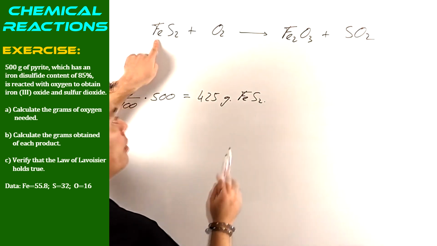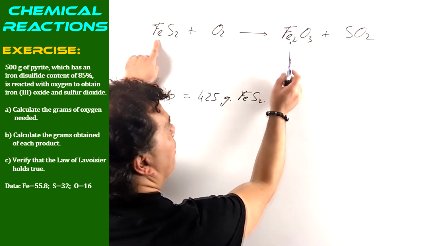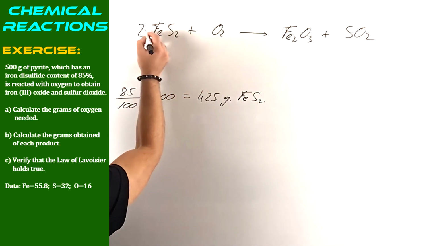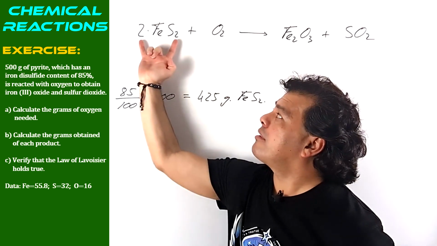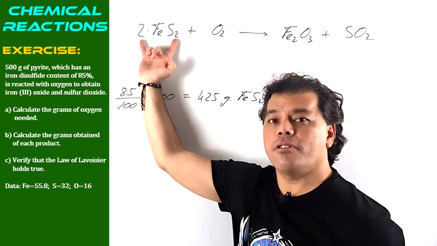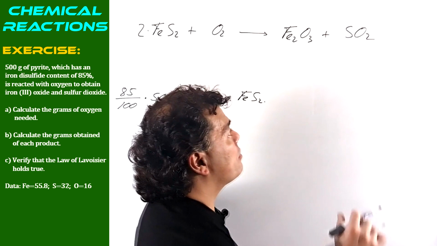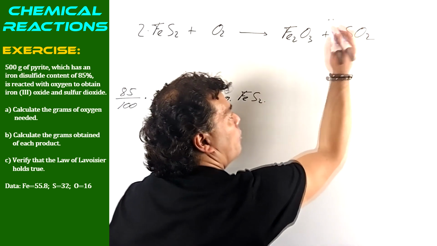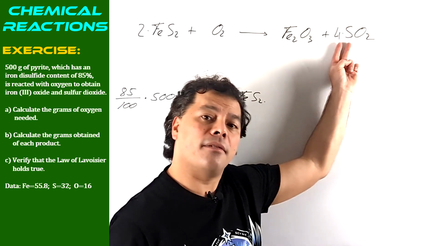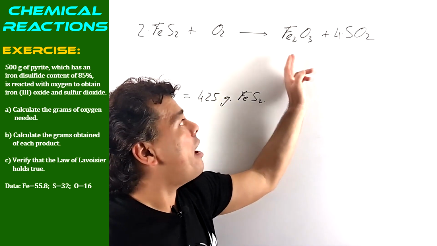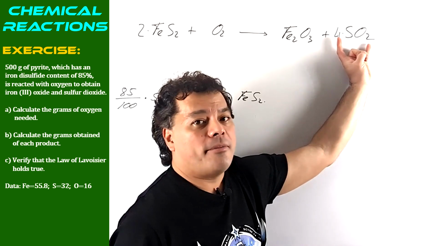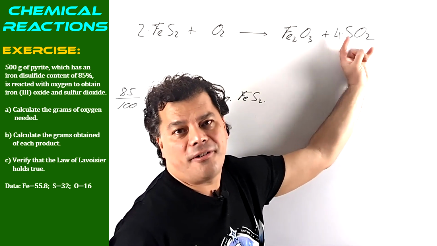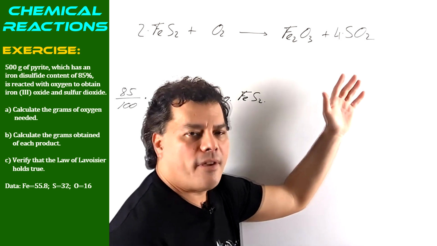One iron atom on left, two iron atoms on right. So by placing here number 2, we have already iron atoms balanced. Now here you can see that it's formed 4 sulfur atoms on the left. So by placing here number 4, we have already 4 sulfur atoms on right. And now oxygens. 3 oxygens here. 4 times 2 is 8 oxygens here. 3 plus 8 is 11.